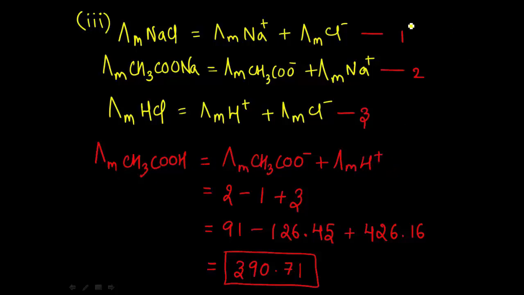Now you have to manipulate these three equations to get this equation. You can see that if you subtract 1 and add 2 and 3, the Na+ gets cancelled with Na+, the Cl- gets cancelled with the Cl-, and we are just left with H+ and CH3COO-, and we just need this.